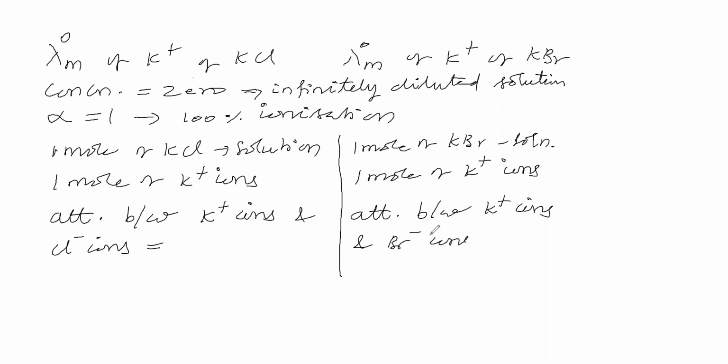Here the ions are K plus and Cl minus, and here the ions are K plus and Br minus. Now what is the attraction between K plus ions and Cl minus ions? That magnitude we'll see, and the attraction between K plus ions and Br minus ions, that magnitude we'll see.